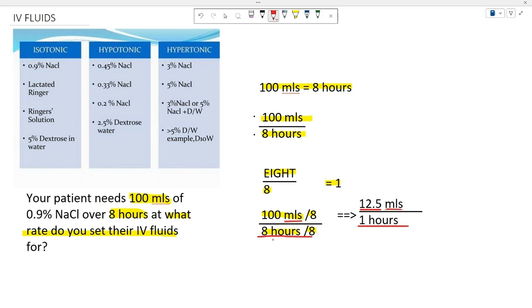Down bottom, what's my unit? Hours. So what does my unit have to be over here? Hours. And so I figured out that this patient is going to get 12.5 milliliters per hour. If you're going 60 miles per hour, in 1 hour, you went 60 miles. If you went 60 miles, it took you 1 hour to do it. Right? That's what's happening here.